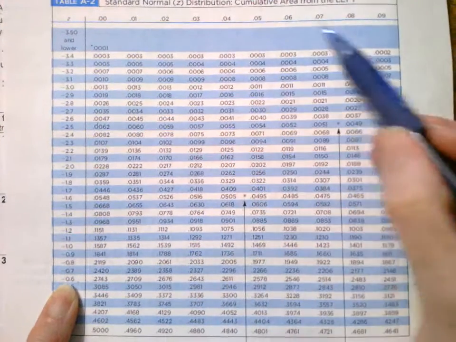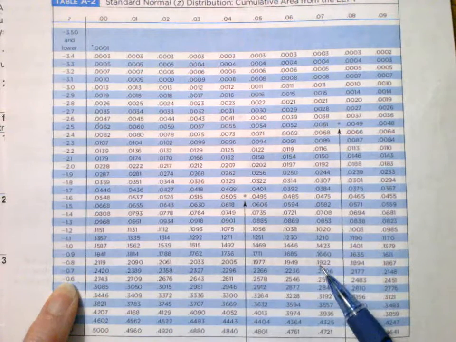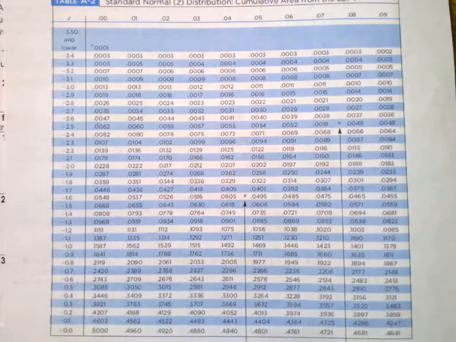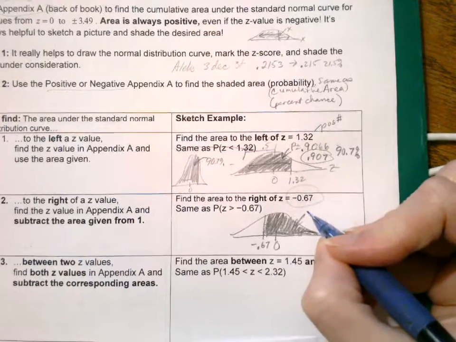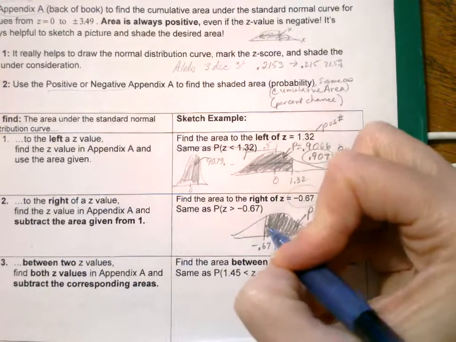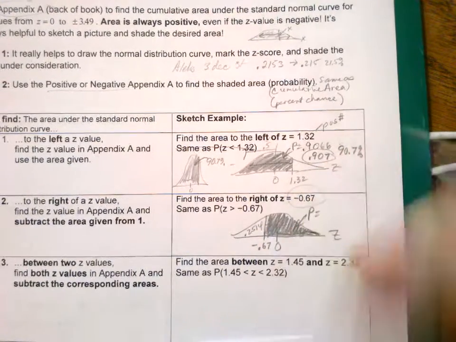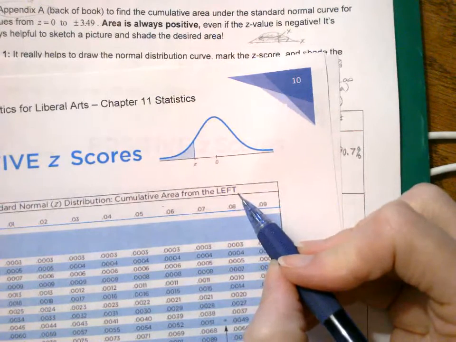So 7 is here, come down for 7 till we find the 0.6, which is in white, which is 0.2514. And what they're giving you is that this is 0.2514, because these charts say these are the areas to the left.